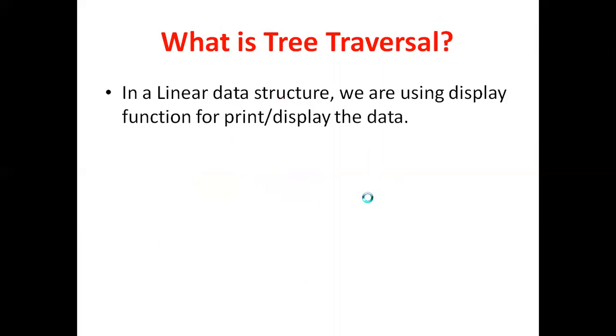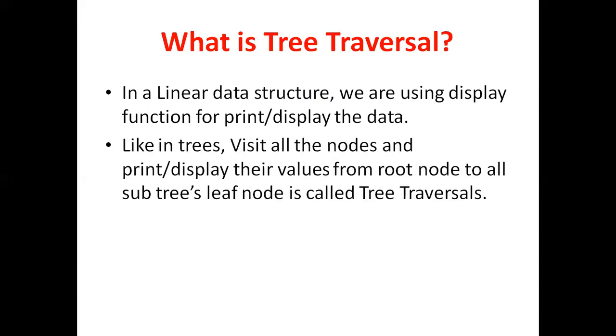In a linear data structure, we use a display function to print or display the data, for example in stacks, queues, and linked lists. Like that, in trees, visiting all the nodes and displaying their values from the root node to all subtrees' leaf nodes is called tree traversal.